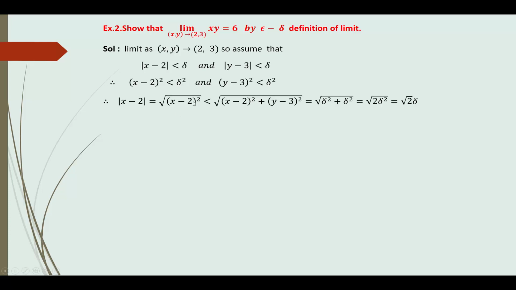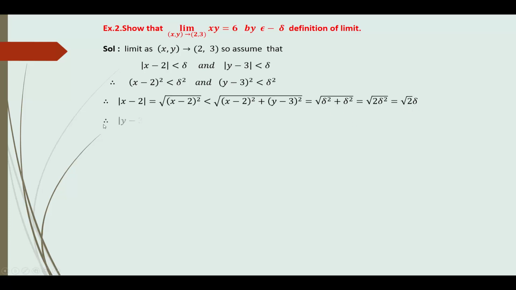So this is a small value, this is a big value, so the less than symbol. Now (x minus 2) square is delta square and (y minus 3) square is also delta square. Delta square plus delta square is 2 delta square, equal to root 2 delta. Therefore mod of x minus 2 is less than root 2 delta.